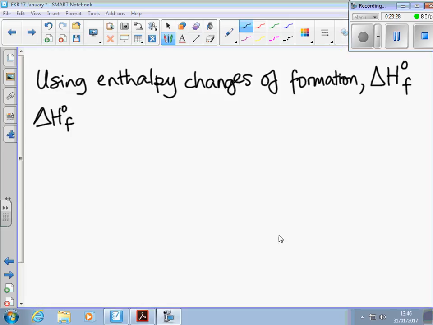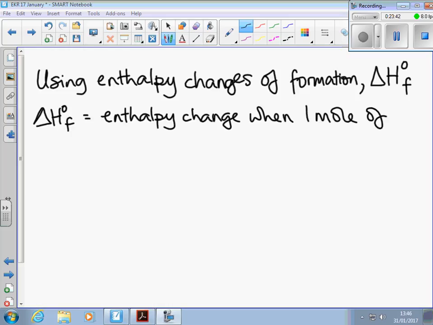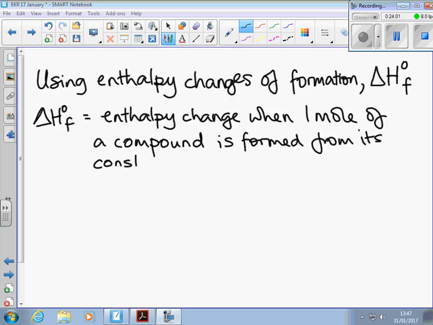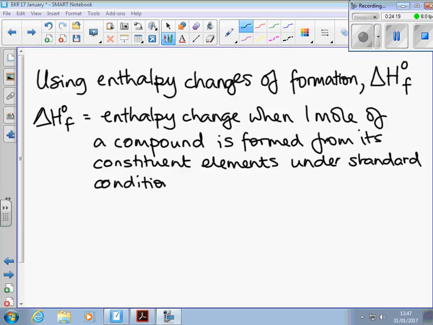So, enthalpy change when 1 mole of a compound, so you'll have to use fractional equations quite often, is formed from its constituent elements under standard conditions and all reactants and products in standard states.